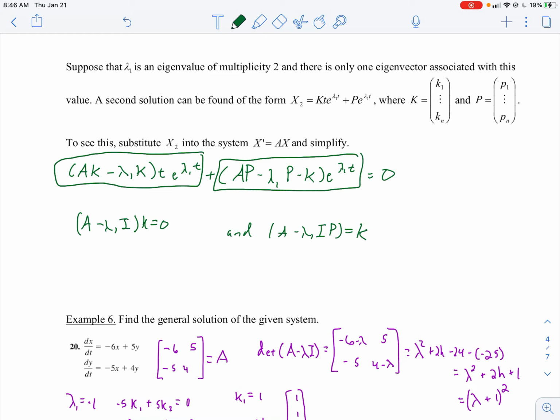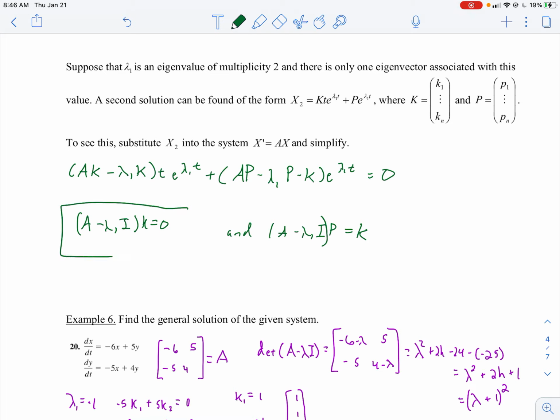Now, to get this new eigenvector, the eigenvector p, let me fix this because the parentheses should be on the inside. This will give us our first eigenvector, and then this will give us our second eigenvector, where everything looks exactly the same.